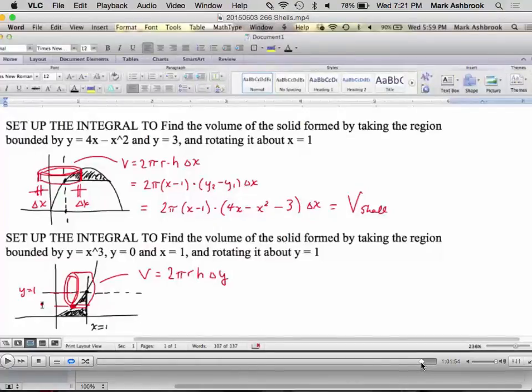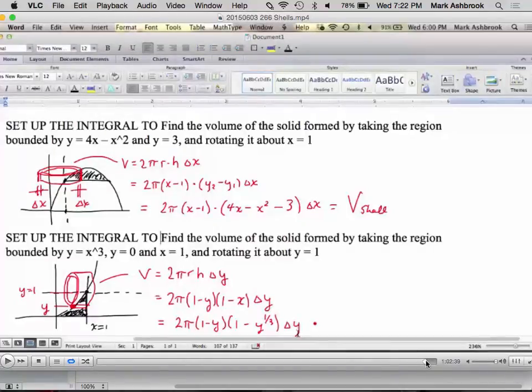So let's see if my past self agrees. Did we say the radius was 1 minus y, and the height 1 minus x? So there it is: 2 pi times the radius, 1 minus y, times the height, 1 minus cube root of y, delta y.